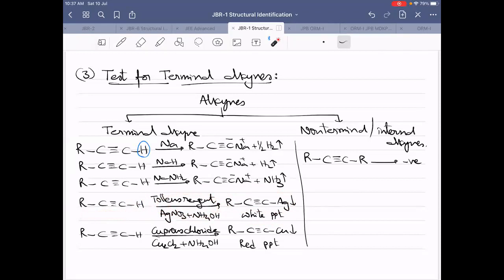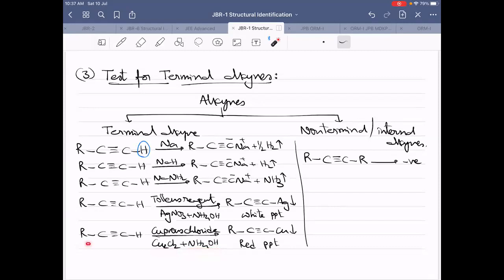When will this happen? When the alkyne is a terminal alkyne. If it is an internal alkyne like this one, there will be no reaction. Next, the same terminal alkyne is treated with cuprous chloride. Cuprous chloride is Cu2Cl2, and Cu2Cl2 plus ammonium hydroxide is the reagent.